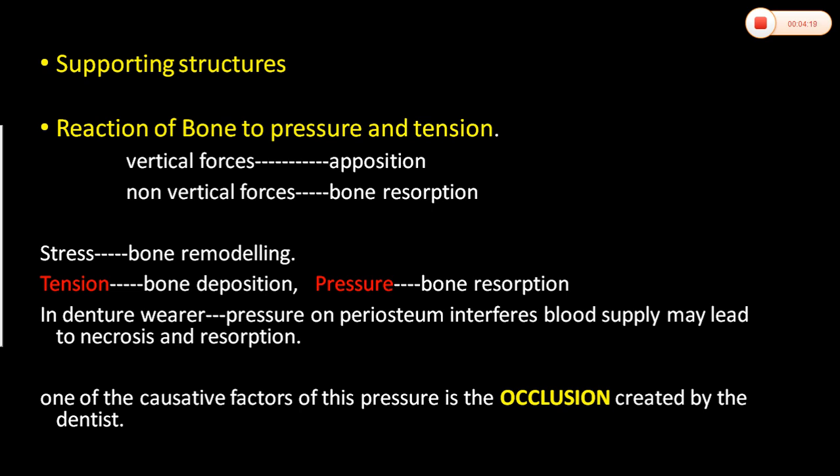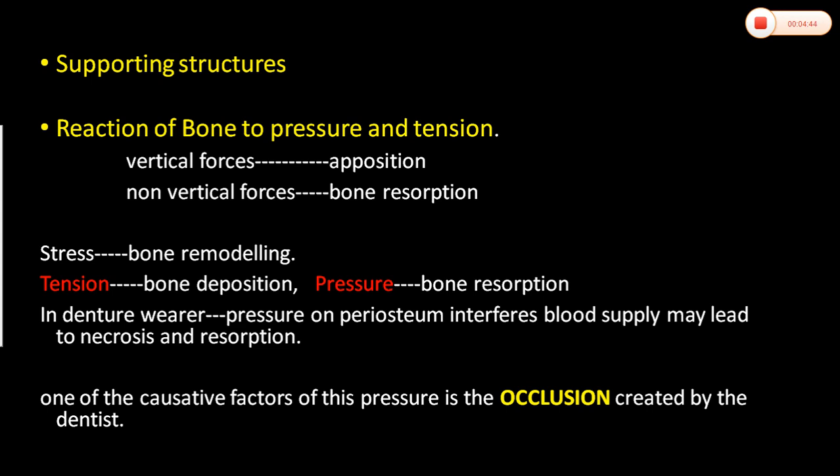All of you remember, when complete dentures are given to the patient, they obtain support from two tissues. What are those two tissues? They obtain support from the residual alveolar bone, the hard tissue, and over the bone you have the mucosal tissue, which is a soft tissue.